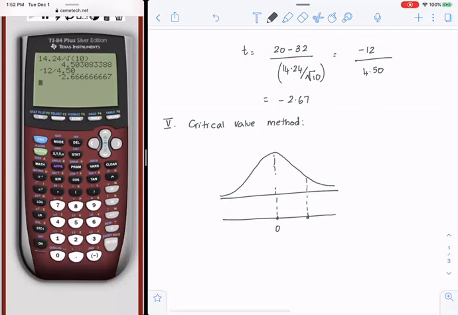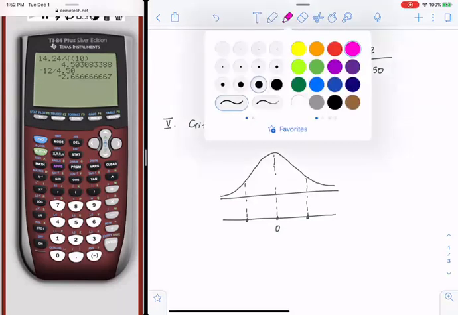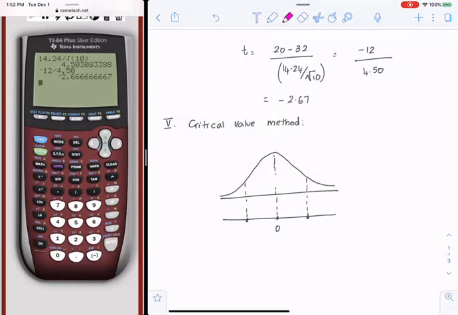We will have a positive critical value on the right-hand side, a negative critical value on the left-hand side, that area is no longer alpha, rather it is alpha over 2.